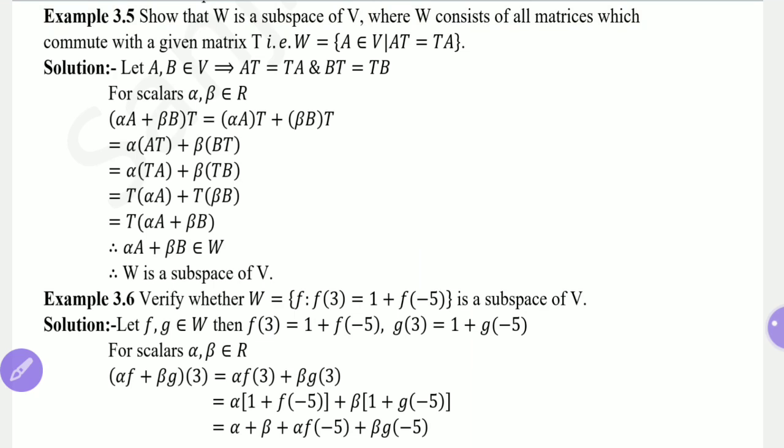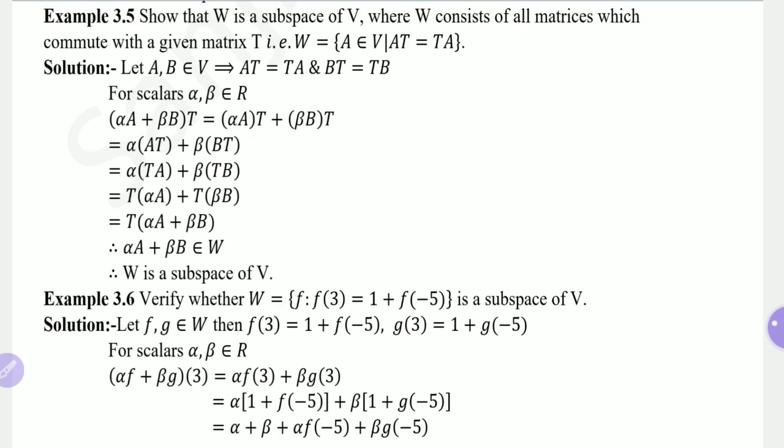Now another example: show that W is a subspace of V, where W consists of all matrices that commute with a given matrix T, that is, W equals A belongs to V such that AT equals TA, okay.